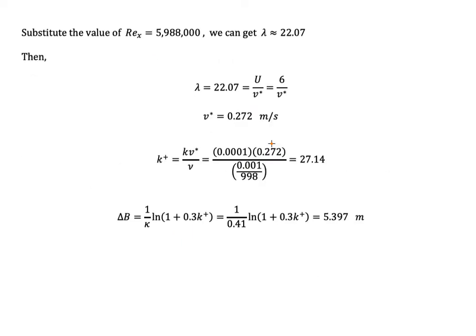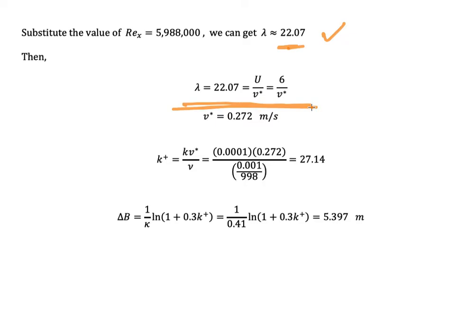If we do the trial and error method, or you solve it with MATLAB and so on, you could get the value of lambda, which is almost 22.07. From that value, lambda equal 22.07, we substitute into this equation.